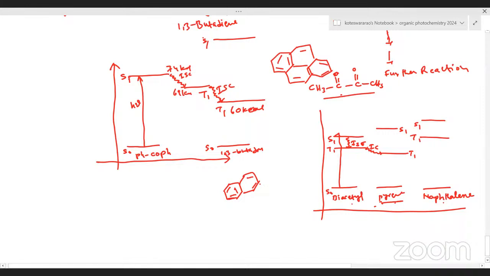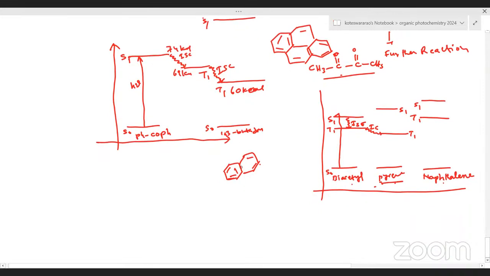Look at here. I will explain the reaction. Suppose this is the biacetyl, which is subjected to radiation. After excitation and intersystem crossing, it produces the triplet state, the biacetyl triplet n,pi star.